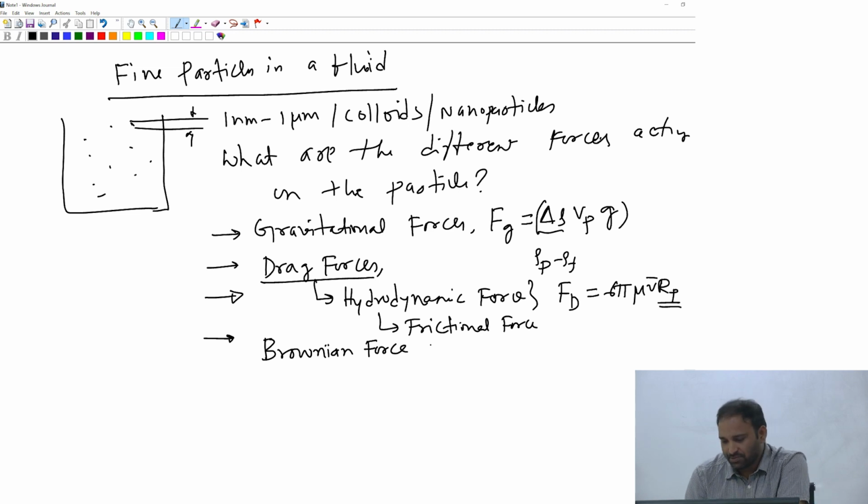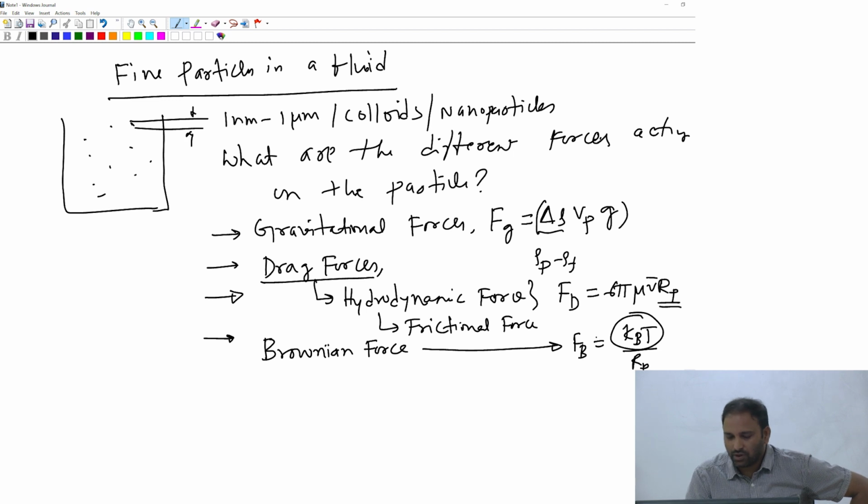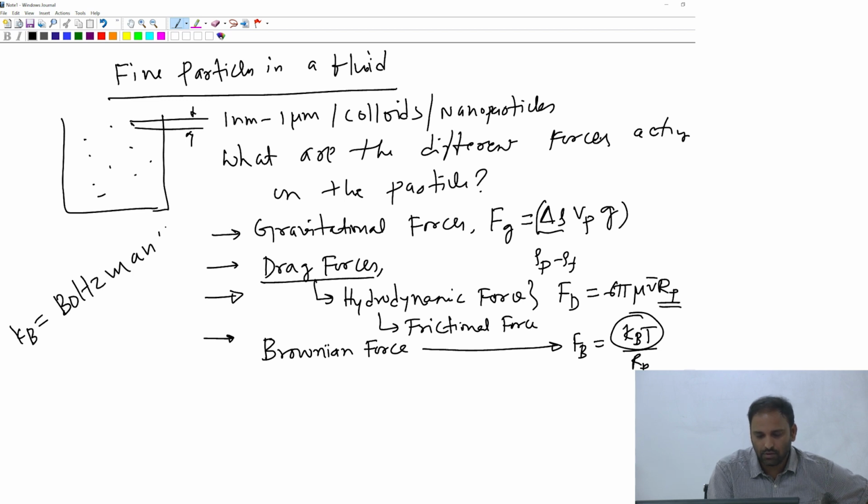And this Brownian force, it's Fb, it goes as kBT, that is your thermal energy, divided by Rp. kB is something called the Boltzmann constant, and T is your absolute temperature.